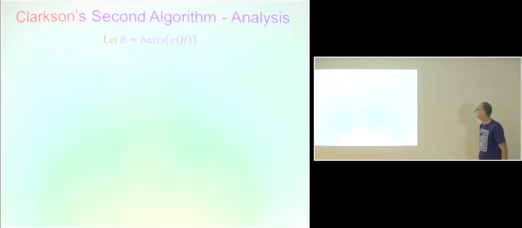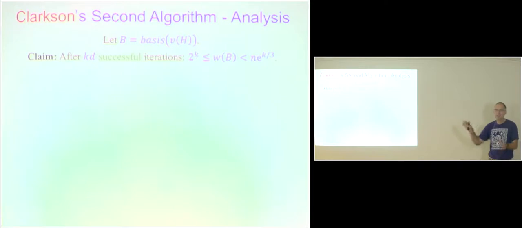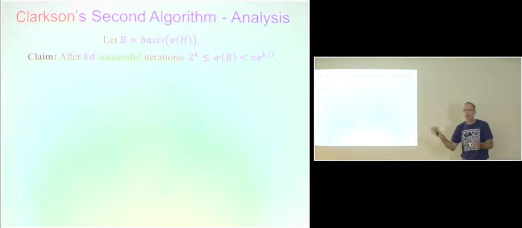Okay, so here's the analysis of Clarkson's second algorithm. Here is the key claim. Let B be a basis of the solution. As part of the annoyances, I view B as unique. There are some cases in which the optimal basis is not unique.